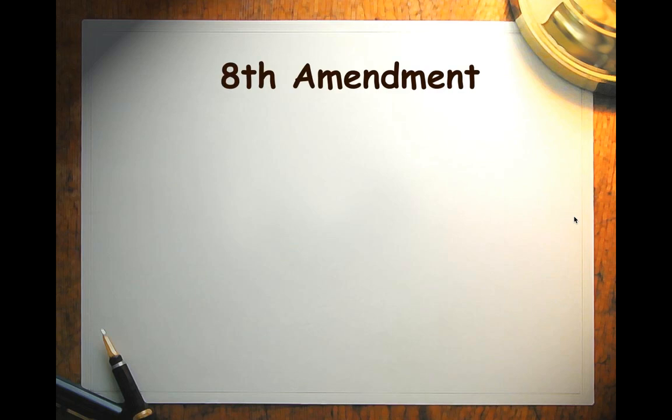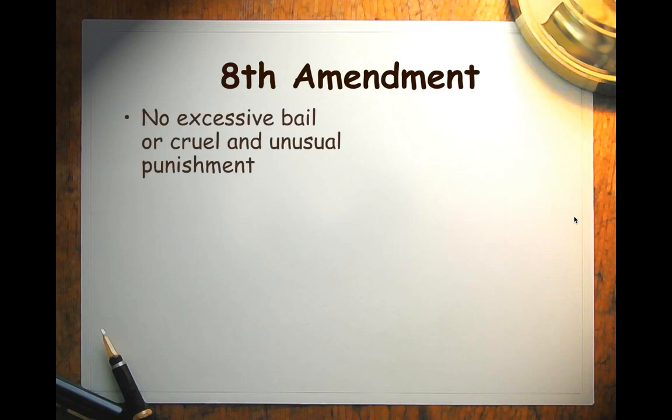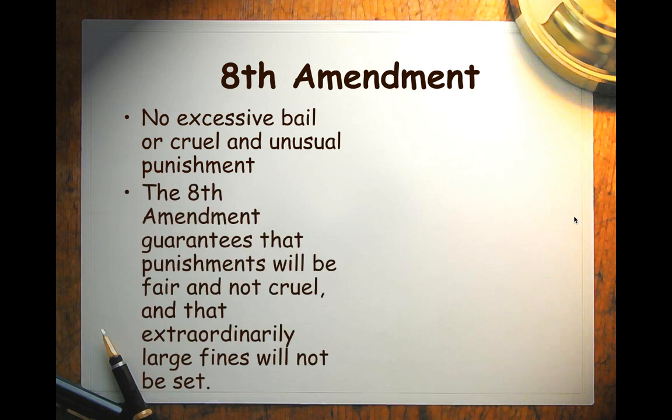Eighth Amendment is part of due process as well, because it's what happens once a person is arrested and what happens if a person is duly convicted. So, first part of it says that excessive bail shall not be required. So if it's ruled that you are a person who can receive bail, then the bail should not be so onerous that you can't get out of jail because of this thing that we have called the presumption of innocence.